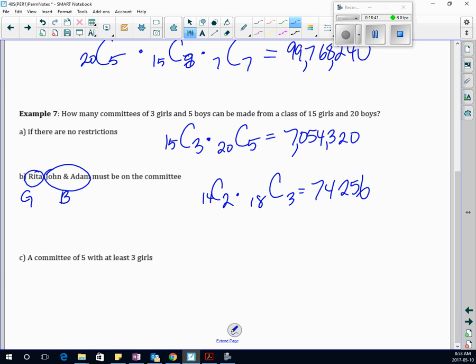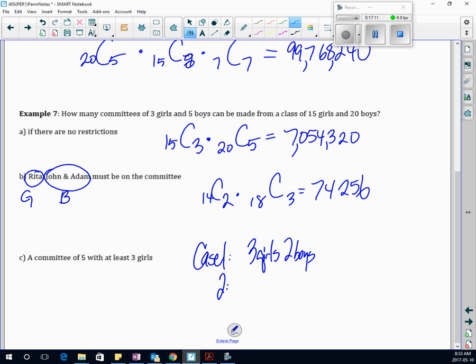Okay, so now we're going to have a committee of 5 with at least 3 girls on the committee. So how are we going to do that? We have 2 cases? I beg to differ. We do have cases, but not 2. 3, what would the 3 cases be? 3 girls and 2 boys, yes?